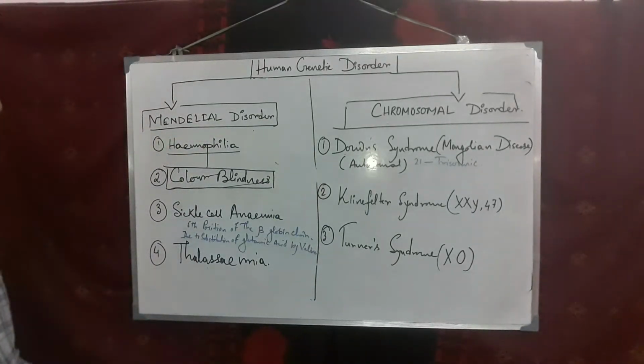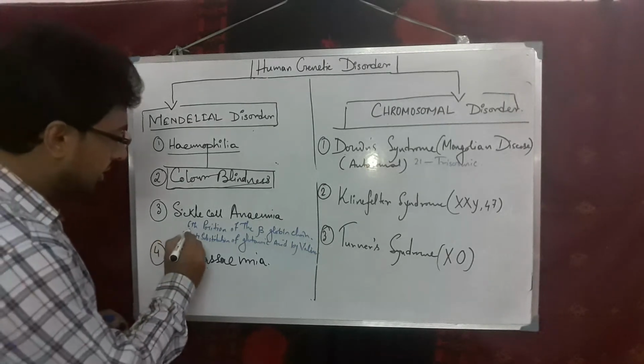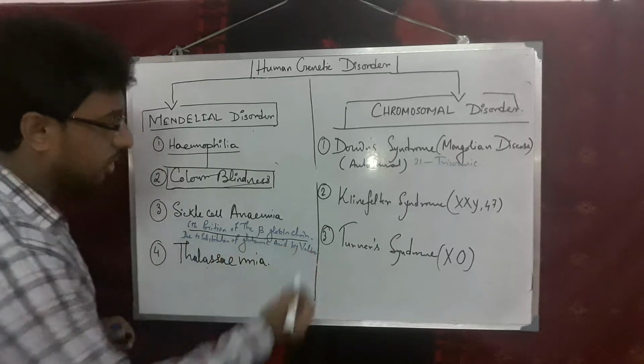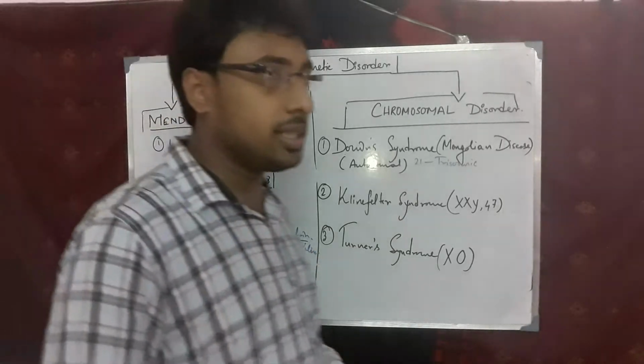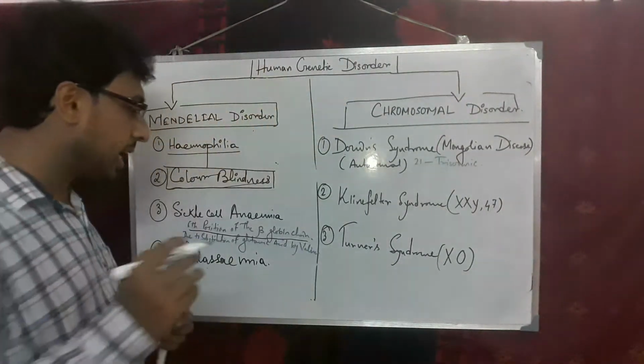Next is sickle cell anemia. How does sickle cell anemia form? We have an alpha globin chain and also a beta globin chain.